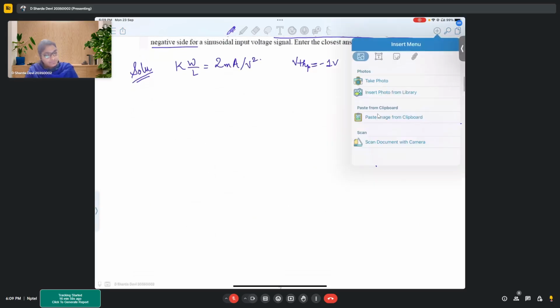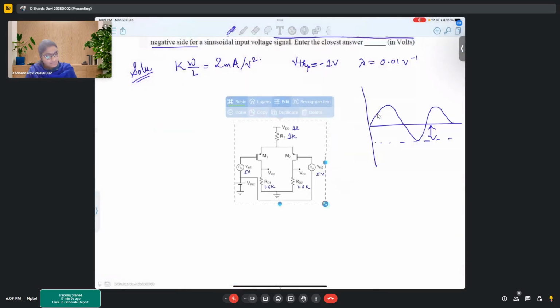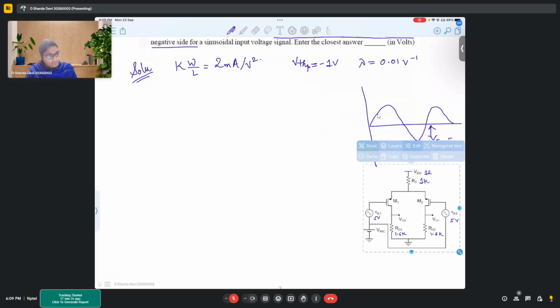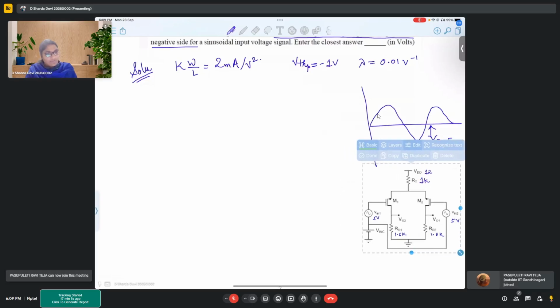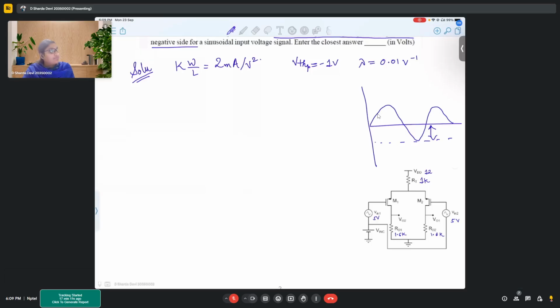Just for the circuit, first of all, what are the things that we know? We know that the current flowing in both the branches, let's say I1 and I2, would be equal. Here you have a PMOS.